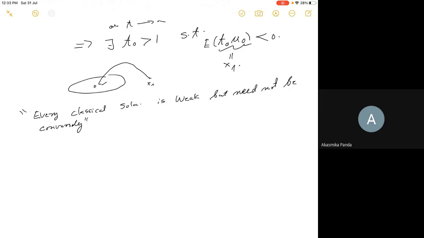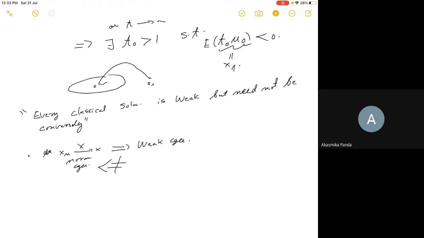The first one is that norm convergence, when you say something converges in a norm, implies weak convergence, but not conversely.